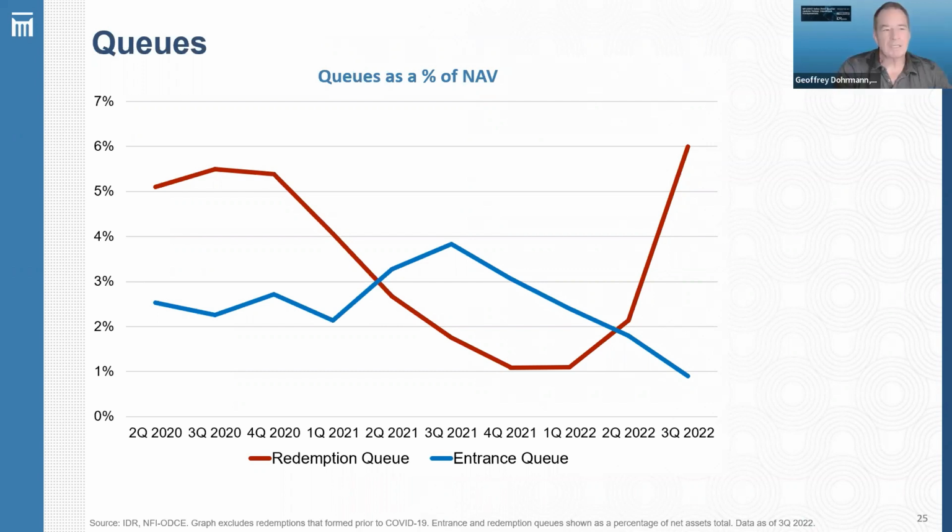Okay, John McClellan asks, how much trading of ODCE shares happens on the secondary market? Great question. A little bit. We've been active in that space. There is largely a discount.